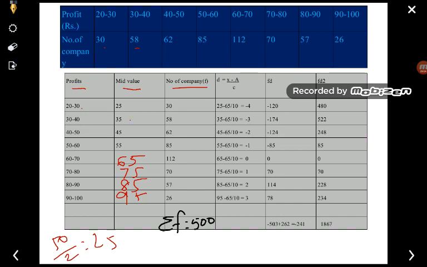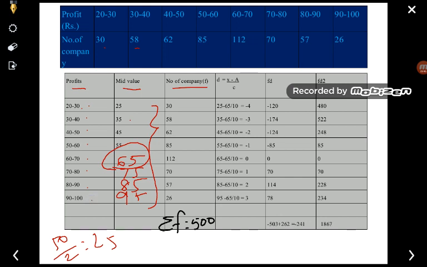Now first we have to find out the deviation. If the data are continuous, then we have to find out the deviation. So here we have to take one of them as an assumed mean. Most probably, take those values which are present in the middle of the data. So we have taken 65 as an assumed mean. It is not that you must always take 65 only, you can also take 55. Here the number of data is 1, 2, 3, 4, 5, 6, 7, 8.